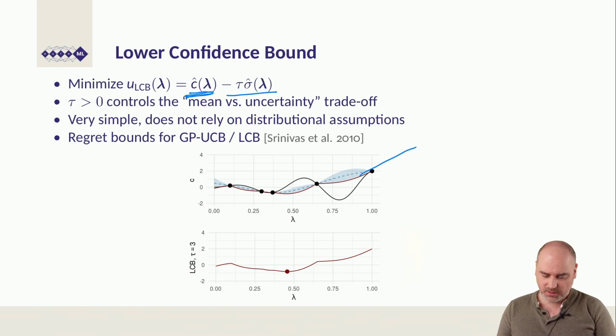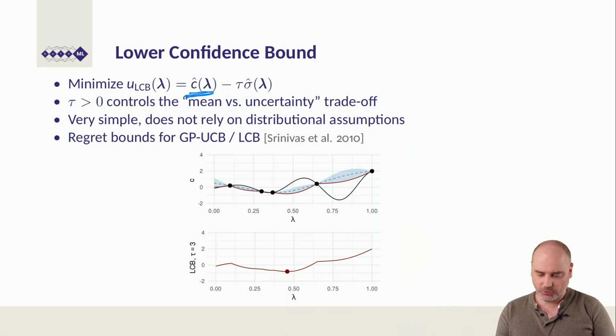Well, if we look here, we can see as the dashed blue line the posterior mean of our surrogate model. So maybe this is a Gaussian process. And I've also visually indicated minus tau times the standard deviation. If you now want to have this LCB, it's not the mean, it's the lower bound of these uncertainty bands around the posterior mean.